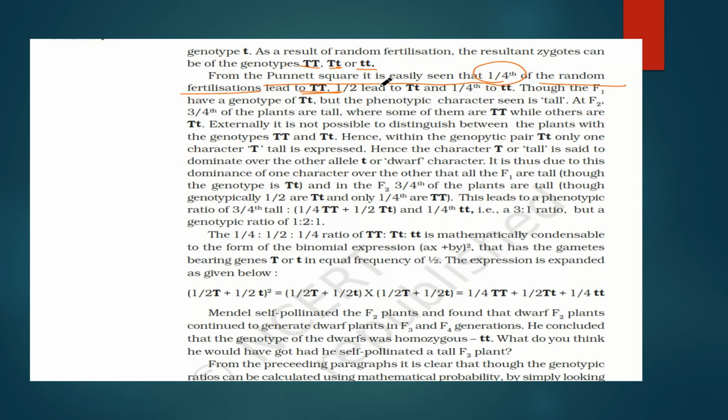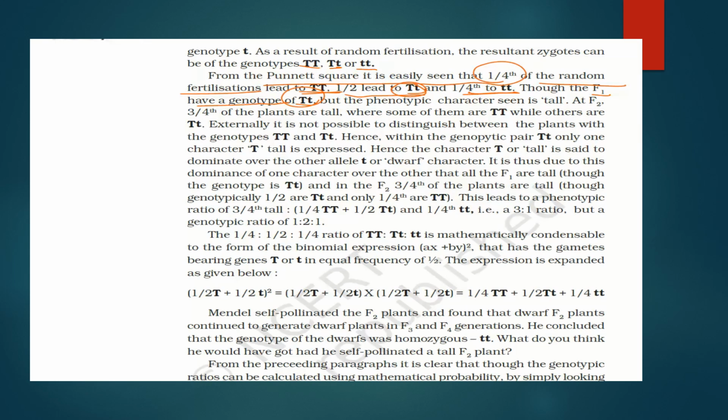Okay. Half of them led to Tt, that is heterozygous, and 1/4 led to tt. Though all the F1 generation have the genotype Tt, they are heterozygous, but phenotypically they look tall, all of them.